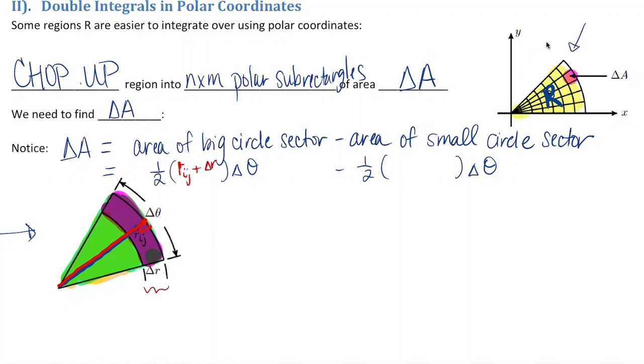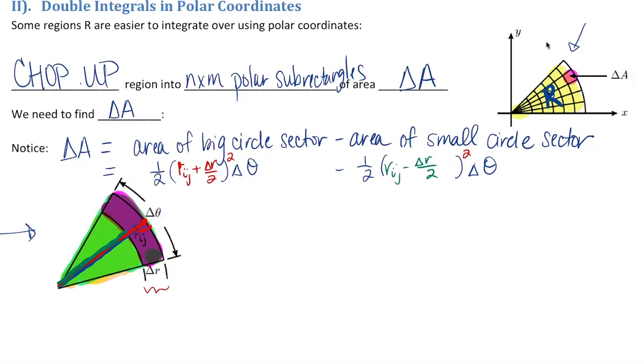So plus delta r over 2, and I'm going to square that whole thing because I need to have my radius squared. And similarly, if I want to find the smaller radius, I'm going to do r sub ij minus delta r over 2 and then square it.